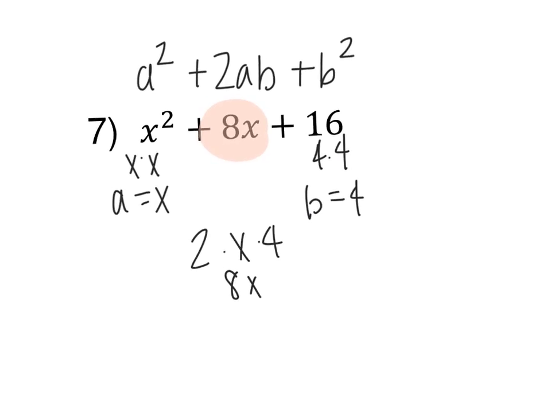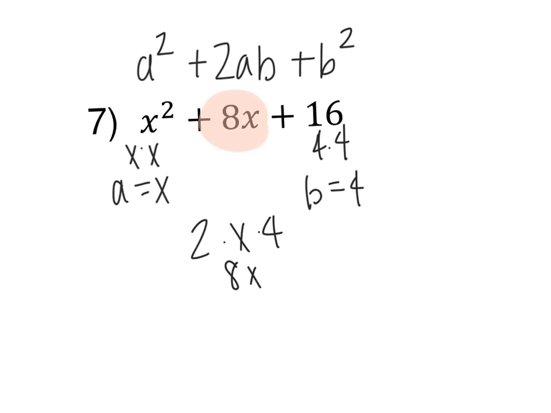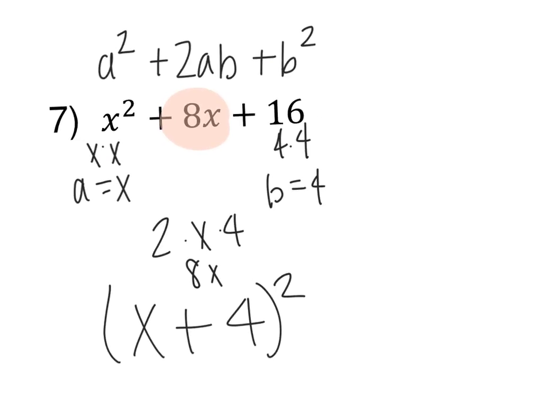So since this is a perfect square trinomial and A was x and B was 4, well, this is going to factor into x plus 4 squared. And that's my answer. Now, if that made absolutely no sense to you and you're like, I have no idea what Miss Krim is talking about, you know what you can always do? You can make your chart.